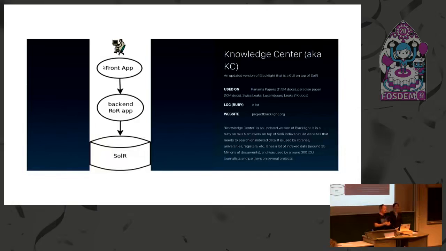We used it for the journalists to help them use Solr without having to know the complexity of the indexer languages and inputs. It was basically quite simple: a front-end application, a backend in Ruby on Rails, and then the backend index.